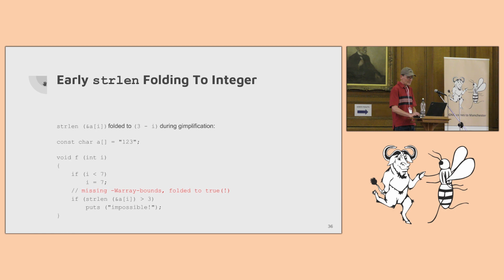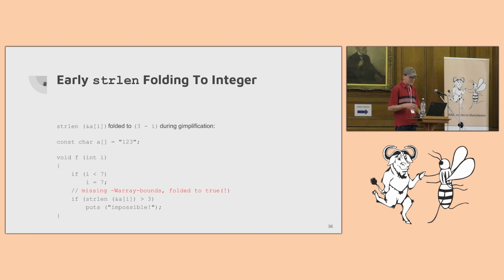Some of the challenges are illustrated on these slides. As an example, here's a folding instance where a string length call is folded into an integer, and that leads to a missing -Warray-bounds kind of warning.